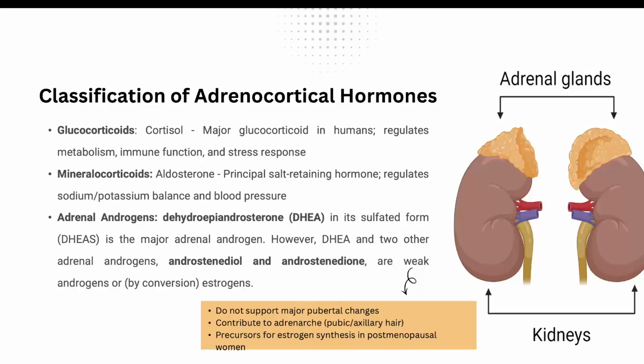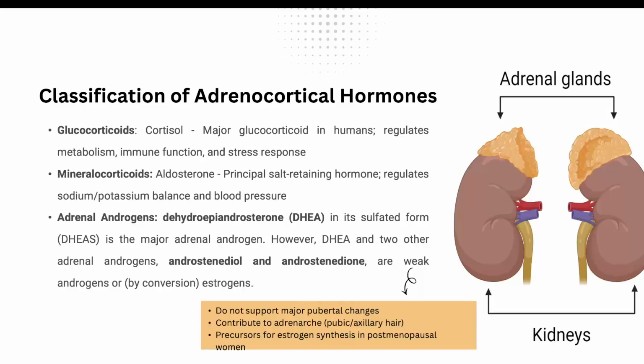The important thing you must know is that these adrenal androgens, these sex hormones, are weak hormones. They are only responsible for some simple changes during puberty, for example growing hair in some private areas, like pubic and axillary hair.